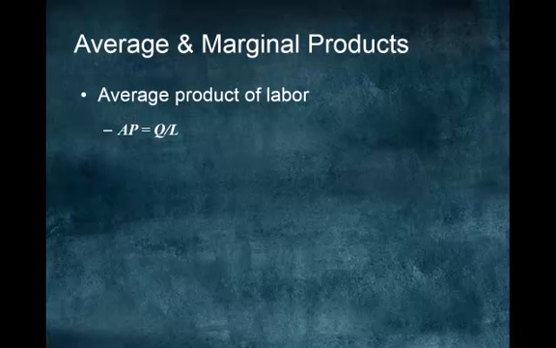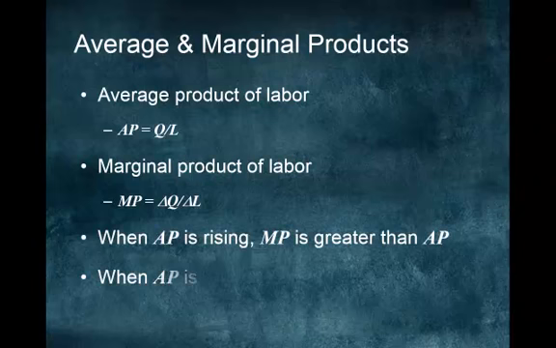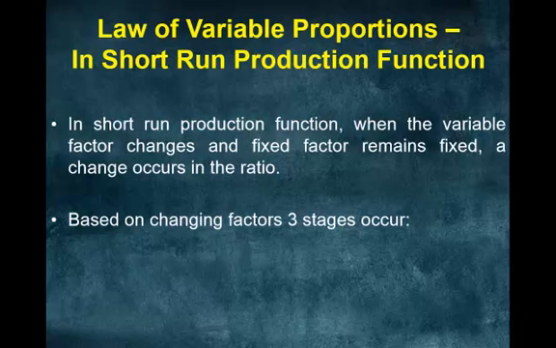The average product equals quantity divided by labor, that is, how many laborers are necessary to get the output. The marginal product, MP, uses the same formula, but marginal means difference: the difference in quantity divided by the difference in labor. Okay. So let's see here. Another very important thing in short-run production factors: there are three stages.